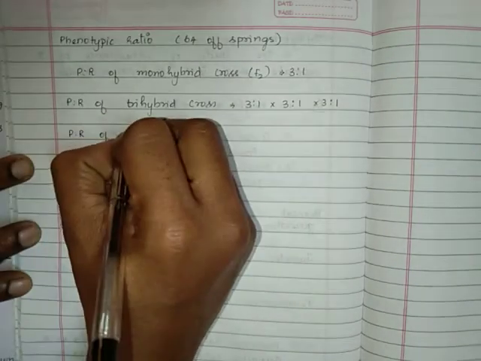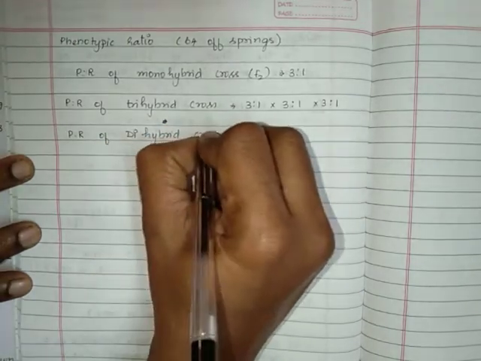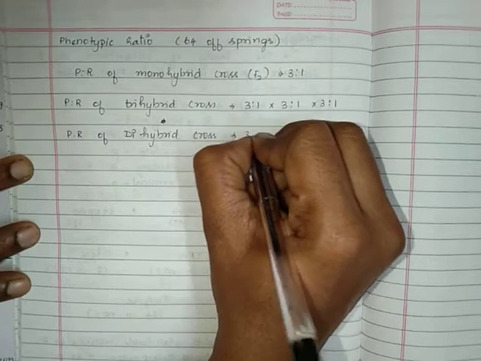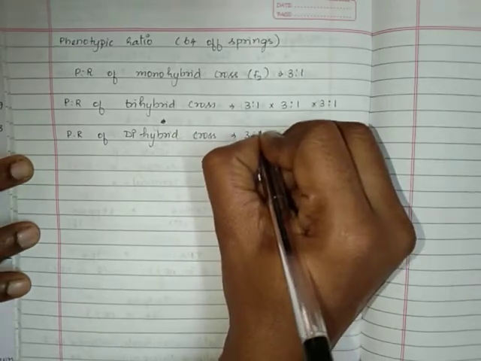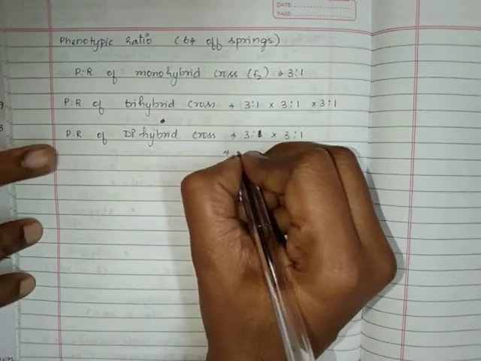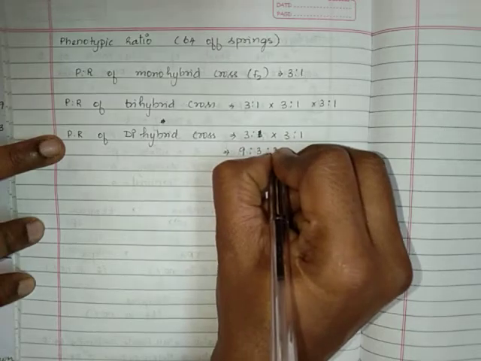the phenotypic ratio of dihybrid cross. We have already studied this. If we want to calculate the dihybrid cross in the same way, we can write it as 3:1 into 3:1. But we know the dihybrid ratio is going to be 9:3:3:1.